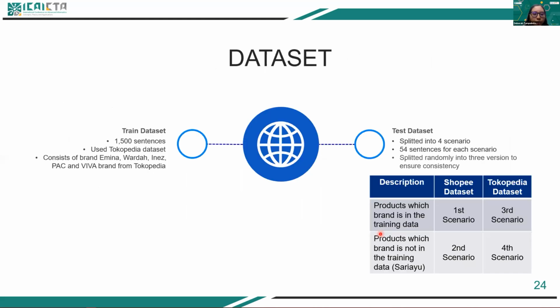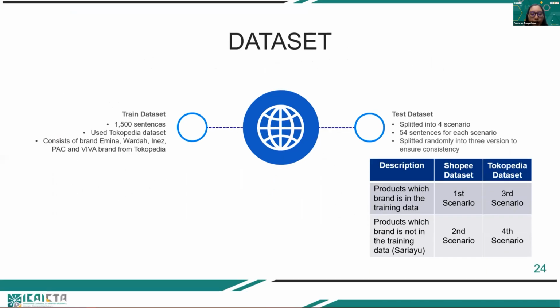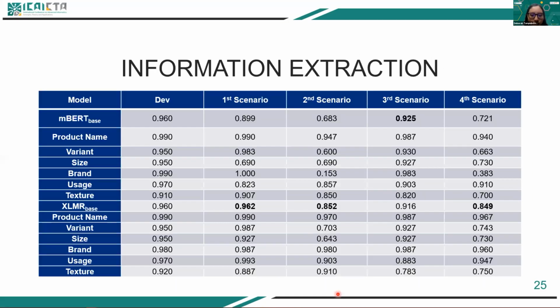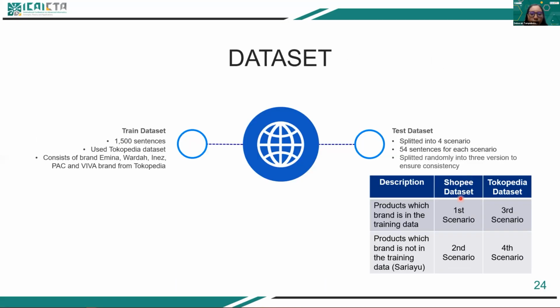The first scenario, as mentioned here, is the products where the brand is in the training data set but from a different platform. The second one is from a different brand and a different platform.